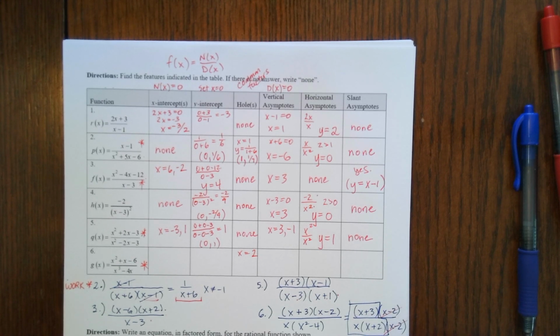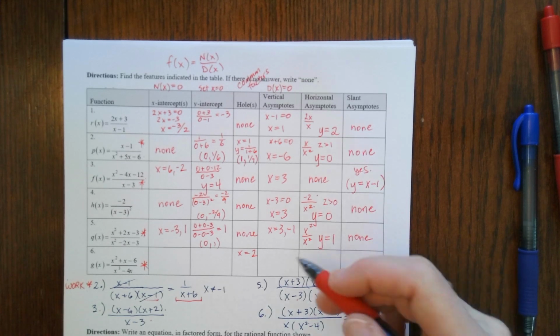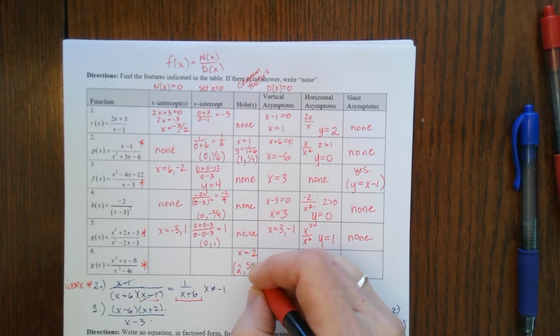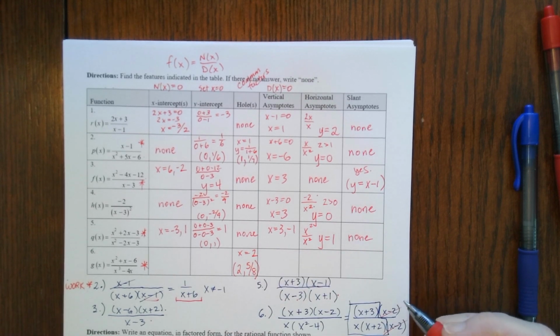So that looks like we have 5 in the numerator and 4 times 2 is 8 in the denominator. So getting back up here to our hole coordinates, we're going to have 2, 5/8 as the coordinates of our hole.